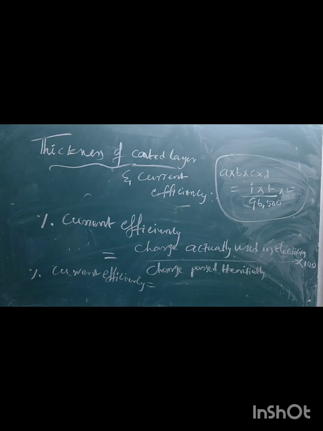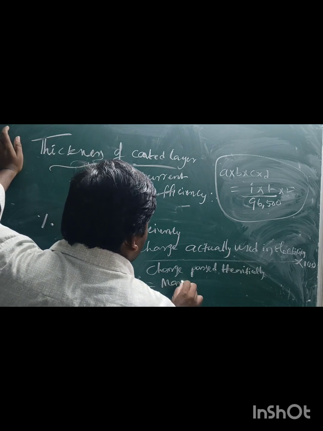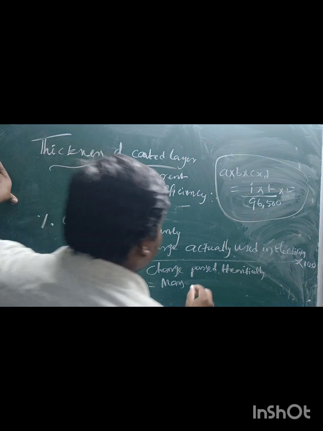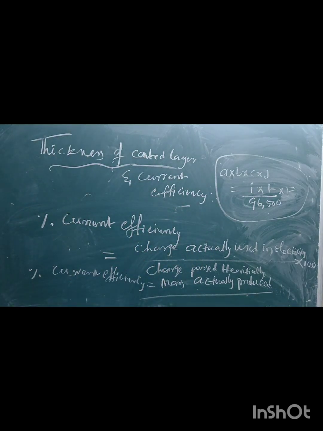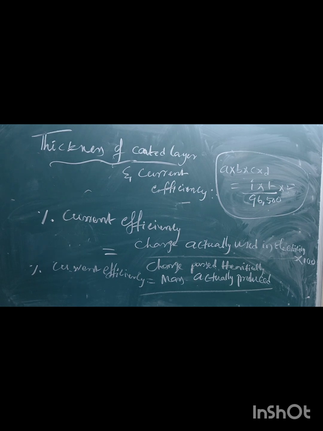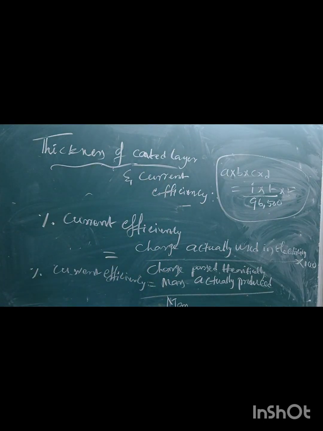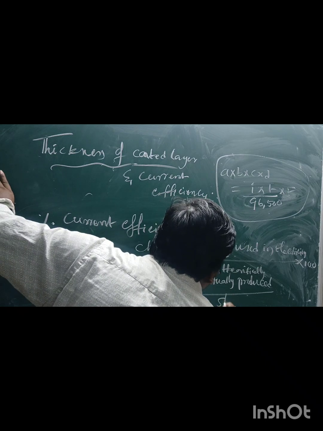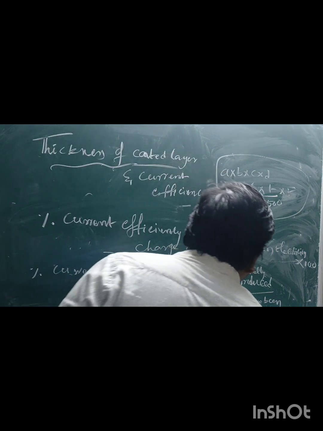Or one formula: percentage of current efficiency is equal to mass actually produced by mass that should have been produced, into 100.